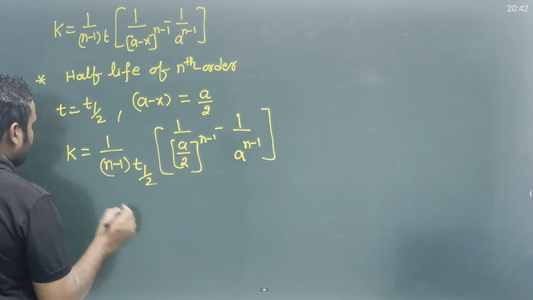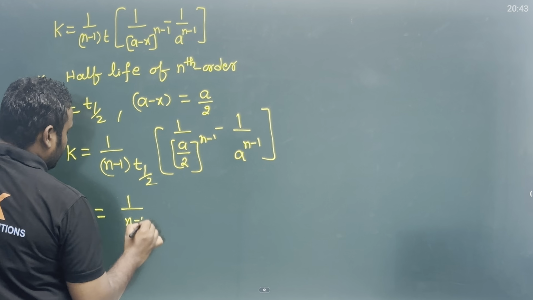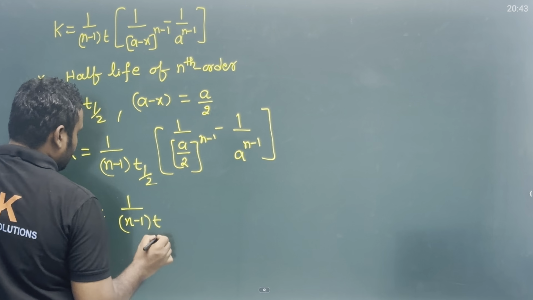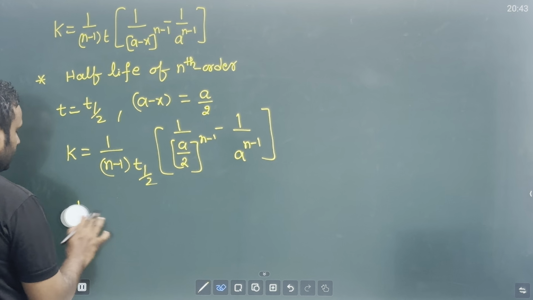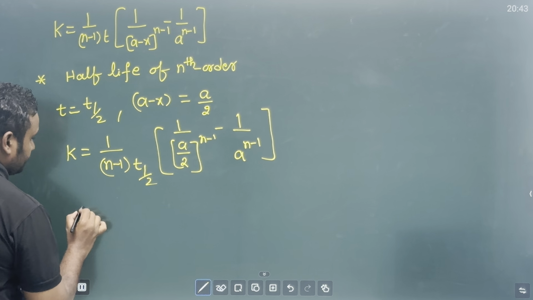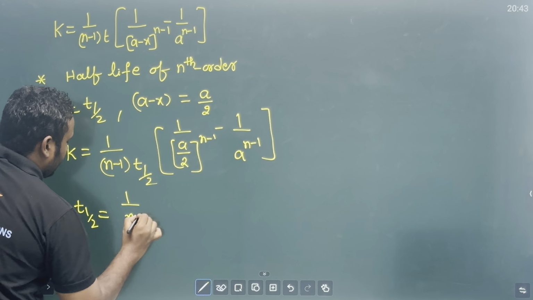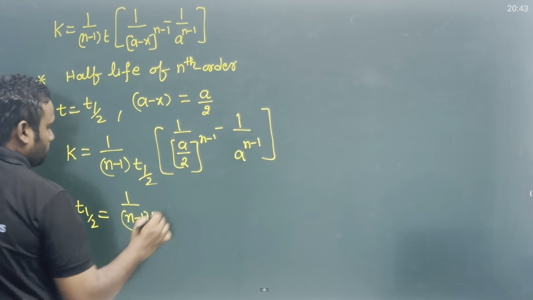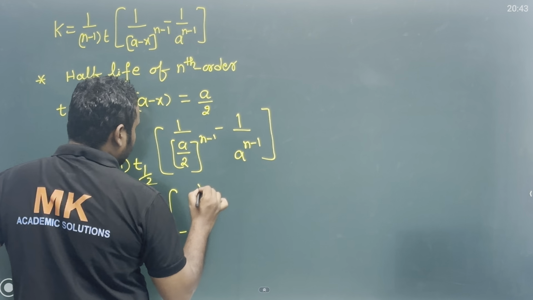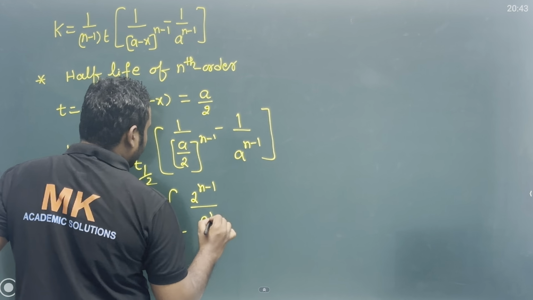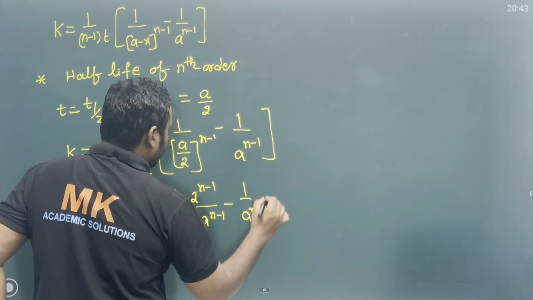So here k is equal to 1 by n minus 1, or else, now you send the t half to that side. Okay, so here you take t half is equal to 1 by (n minus 1) k, so it will become 2 power n minus 1 by a power n minus 1, minus a power n minus 1.